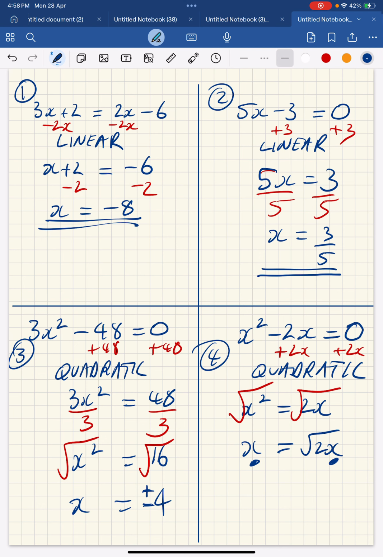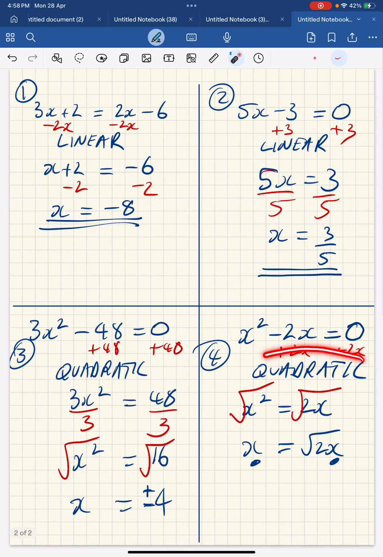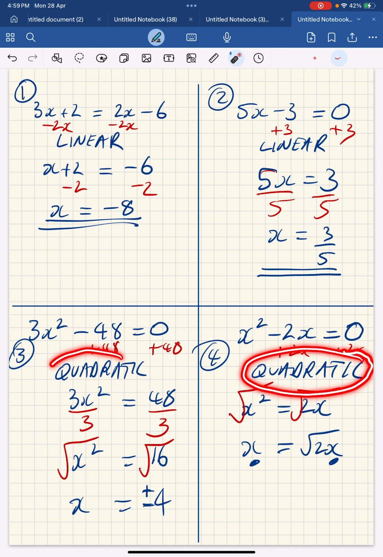Now, this is a problem because for this quadratic, the balancing method just does not work. For this quadratic, the balancing method does work. Can you see the difference? Here, x is in one location. So if x is only in one location, we can definitely do the balancing method for a quadratic.